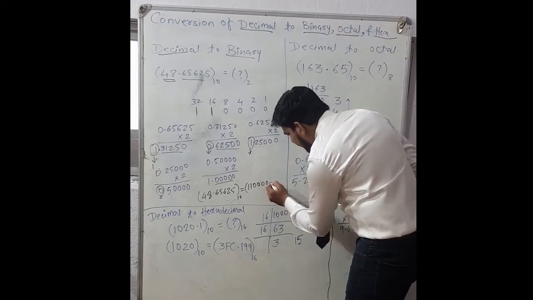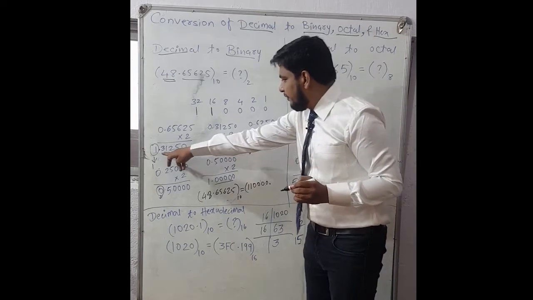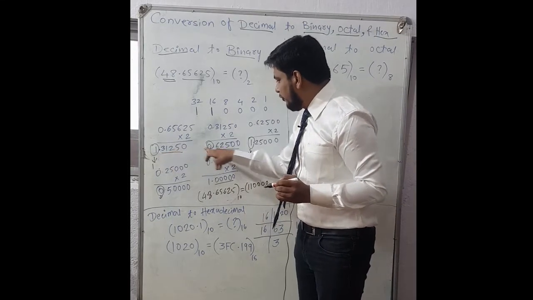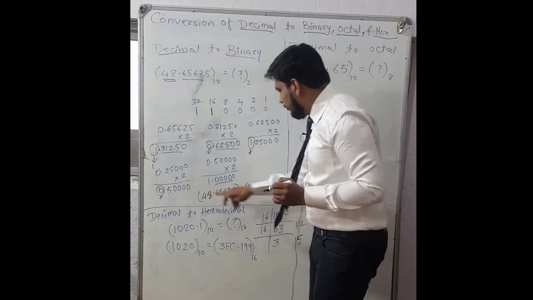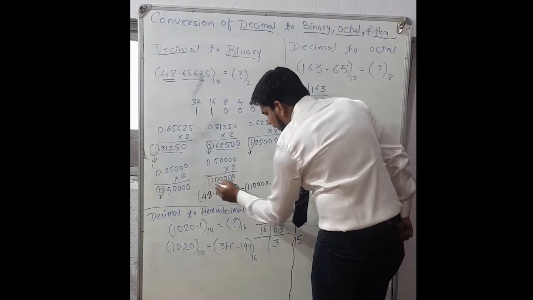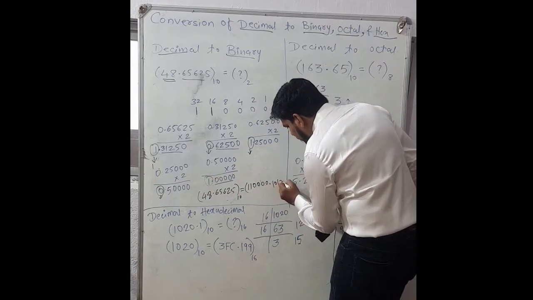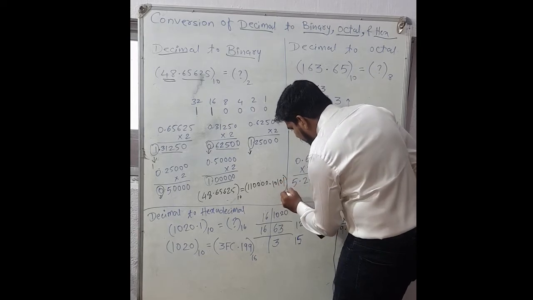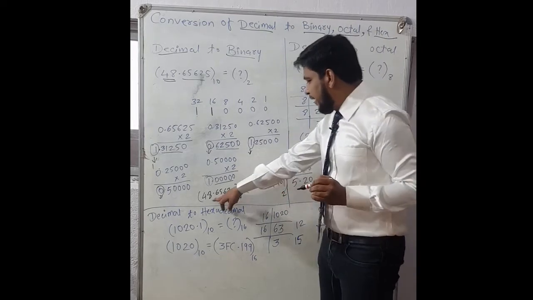For the fractional part, we consider the carries from the first one: 10101. So 10101 is the binary equivalent of the fractional part of this decimal number.